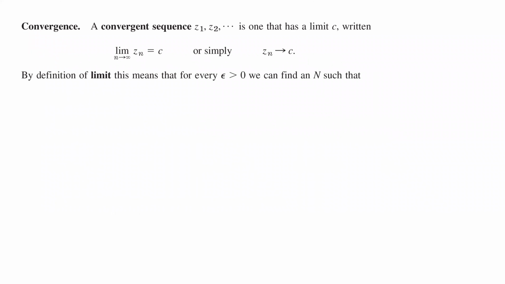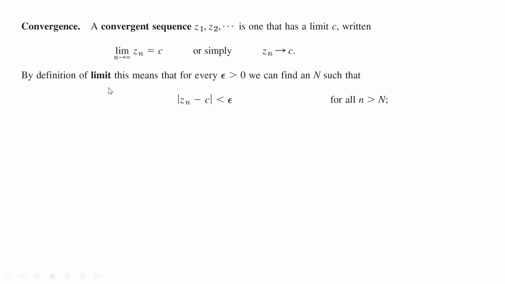The formal definition of limit is that for every positive epsilon, we can find an N such that the absolute value, or the distance, of zn minus c is less than epsilon for all n greater than this N.